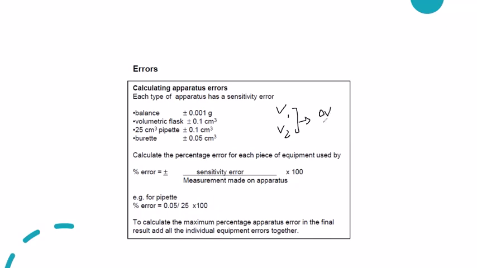This will create an uncertainty of 0.05 in the reading, and this will also create an uncertainty. So total uncertainty will be 0.05 multiplied by 2, divided by value recorded, multiplied by 100.